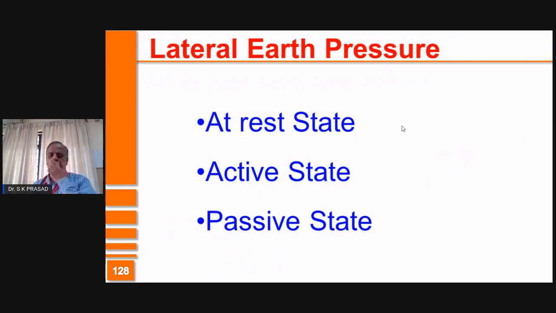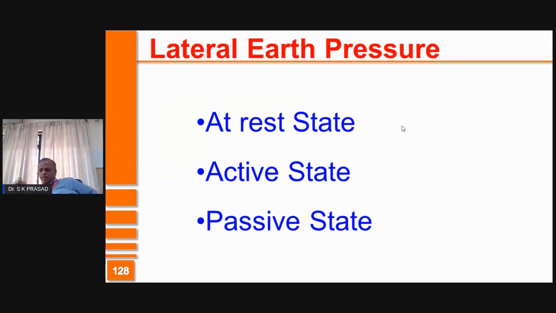Well, whenever we talk about the earth pressure theory, we need to consider two extreme cases at failure. One is the active state, when the failure is due to the stress developed because of the gravitational force. A passive state is one in which the failure happens due to the horizontal push.